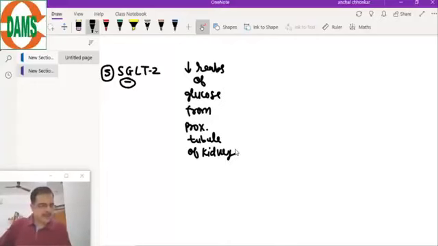What is meant by insulin sensitizer? Insulin sensitizer means the drug which reduces insulin resistance, which makes the insulin sensitivity better. So thiazolidinedione, I have told you, will cause weight gain because of the edema, pioglitazone.